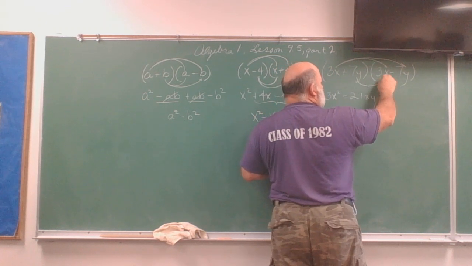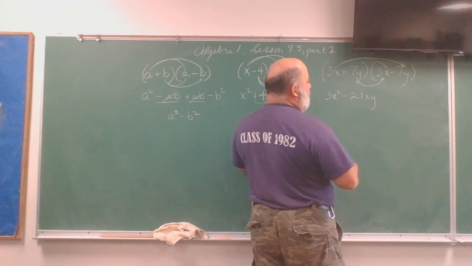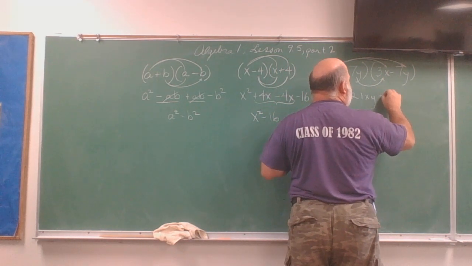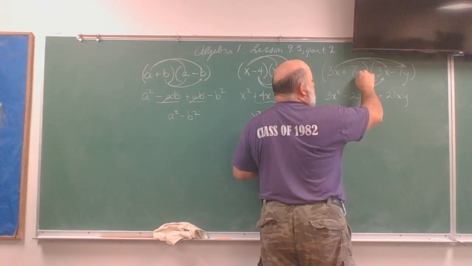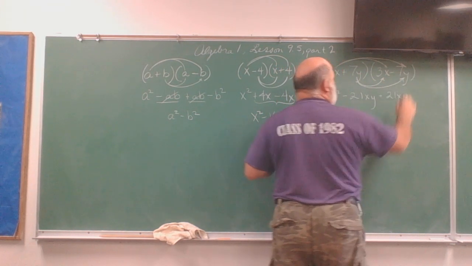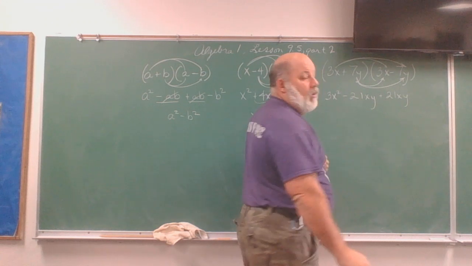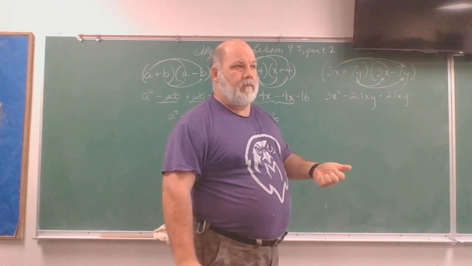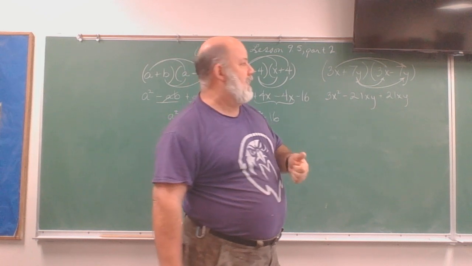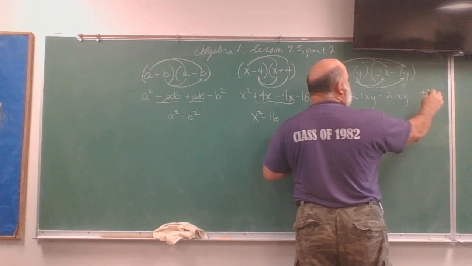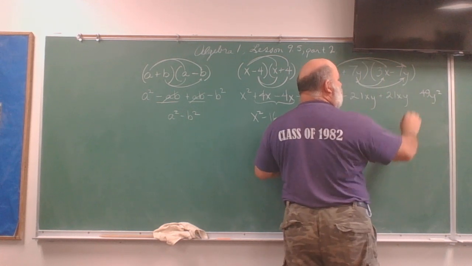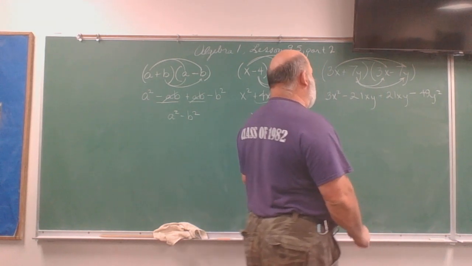Our inner terms, 7y times 3x, that'll give me positive 21xy, and then our last terms, 7y times negative 7y. 7 times 7 is 49. y times y is y squared. Positive times a negative is a negative.